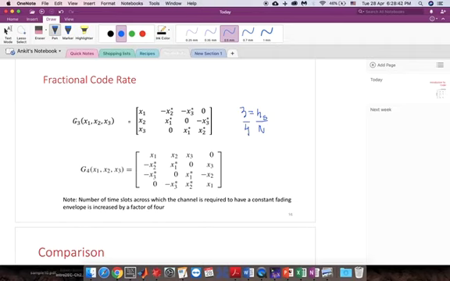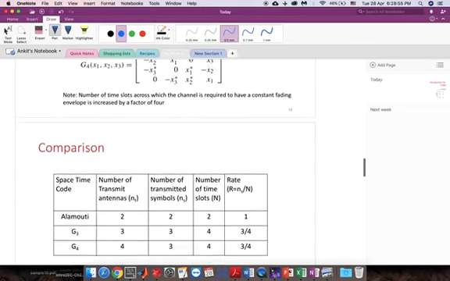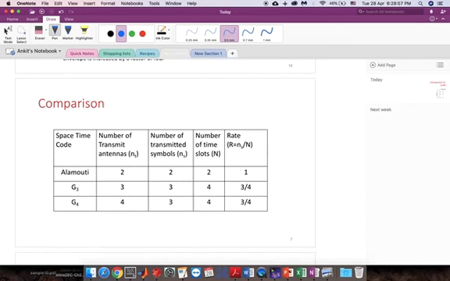Anything else you are observing here about the dimension? See here in this table, for Alamouti, how many transmit antennas do we need? 2. Ns is 2, and the total number of time slots is 2 also. The rate is 1 for Alamouti.